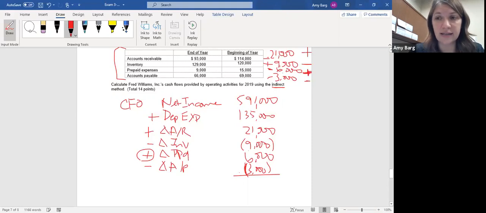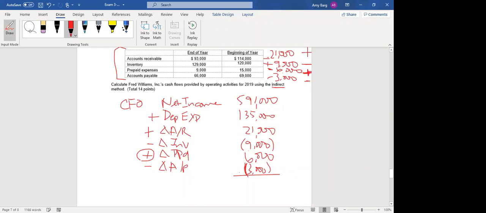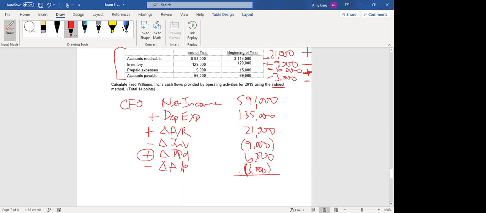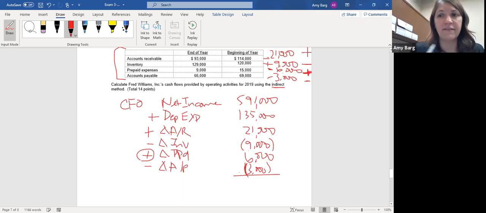So all the current assets, accounts receivable, inventory, prepaid expenses, have that inverse relationship: where they decrease, we add them, or if they increase, we subtract them. Whereas current liabilities have a positive relationship. If a current liability decreases, we subtract it. If a current liability increases, we add it.